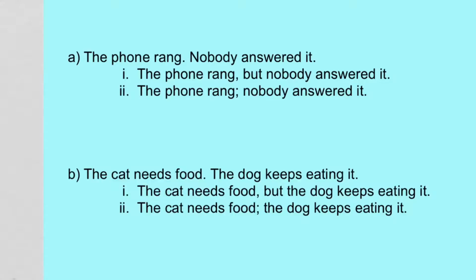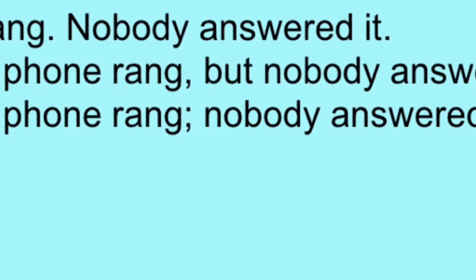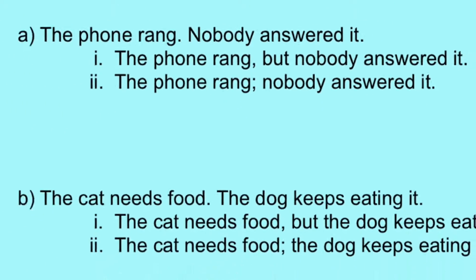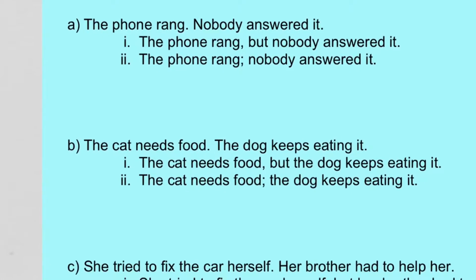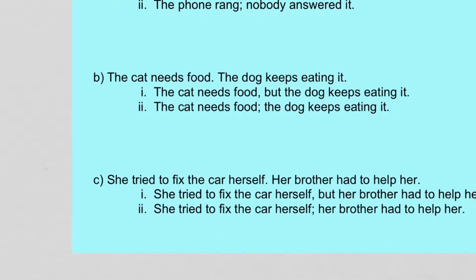You would say it like this: the phone rang, nobody answered it. So it sounds like you have a period, but you don't. You have a semicolon instead of this comma but. And just so that you know, whether you have two separate sentences, comma but, or a semicolon, all three ways of explaining the situation are correct.